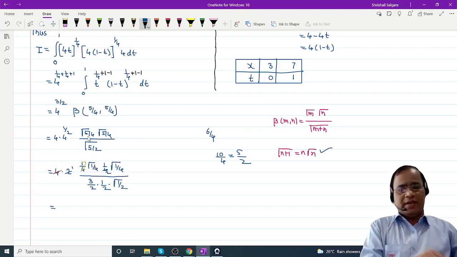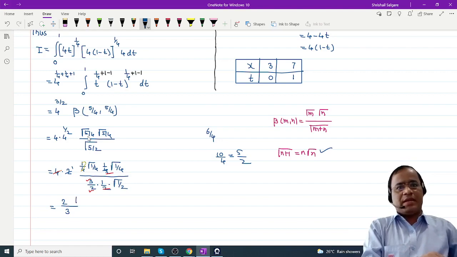It is 2 divided by 3 into, again this 1 by 2 cancels with this 1 by 2, only 1 by 2 is remaining, and in the denominator 3 is remaining. 2 by 3 into gamma 1 by 4 and gamma 1 by 4. I will write it as gamma 1 by 4 whole squared, and gamma 1 by 2 is root pi.